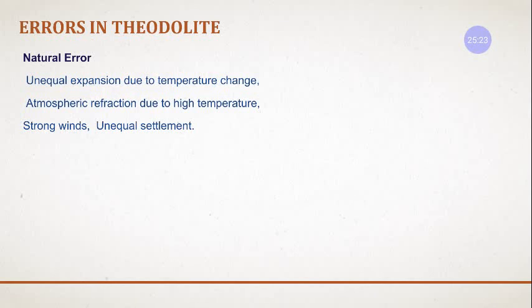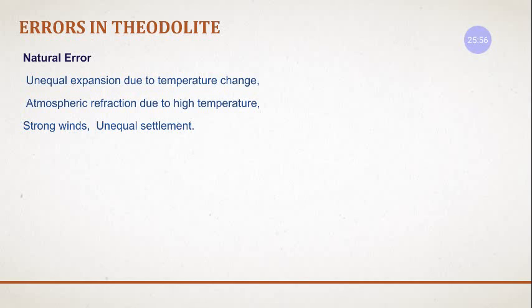When you are sighting the object, or reading the angles on the theodolite, this error might happen by the person. These are made by humans. And there are natural errors due to the temperature change, or high temperature causing atmospheric refraction, strong winds, and improper place where you set up the instrument. For all these things there might be a chance of errors happening in the theodolite.